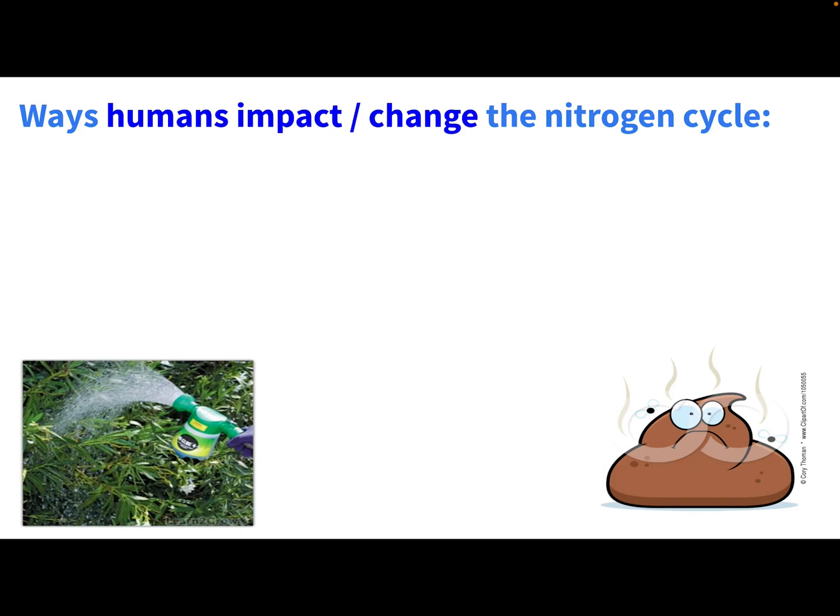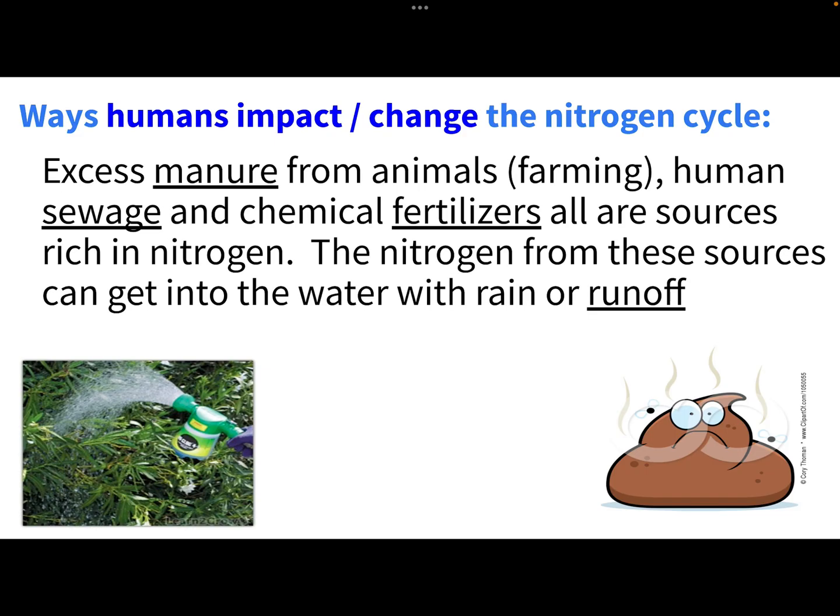Okay, so like a lot of things we've talked about this year, we haven't really talked about how humans can affect this cycle. So humans, just like water and just like carbon, certainly play a role in the nitrogen cycle. So we mentioned on our previous slide that a lot of the organic fertilizer that's used is manure, which is waste or poop.